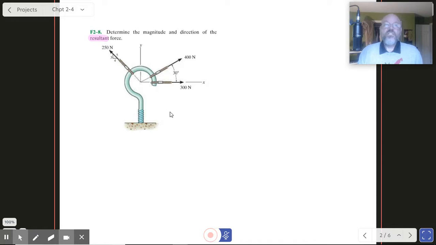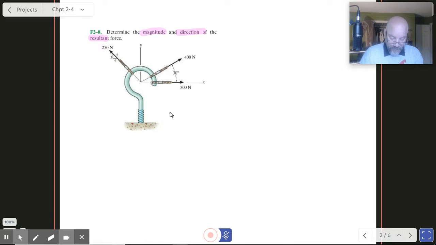Okay. So something you need to start to train yourself is when you see the word magnitude, that means you are most likely going to end up somewhere doing Pythagorean's theorem. So you're going to need some X components, some Y components, and then you're also going to need the direction that goes with it.